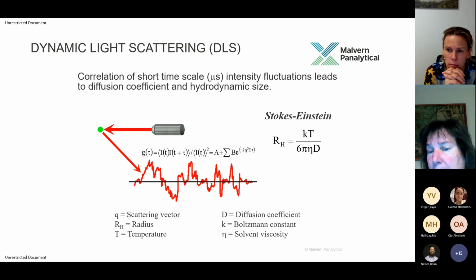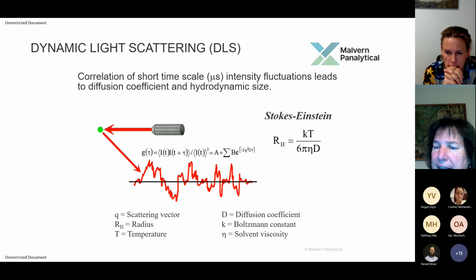So the Stokes-Einstein equation shows that the hydrodynamic radius is equal to kT, the Boltzmann constant times temperature. We need to know the temperature. Divided by 6 pi eta, the viscosity of the solution, which is also affected by temperature. That's why it's really important to know the temperature of your sample.